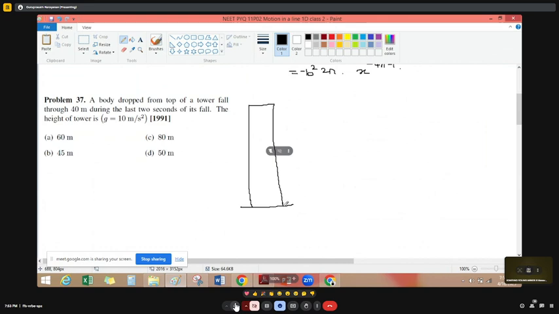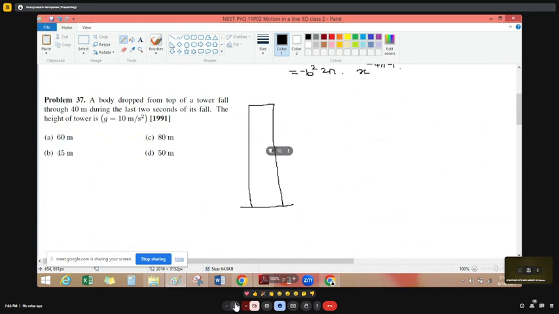It's not the tower height, it is the last 2 seconds mattum. So they're asking to find the height of the tower. They have given some information here, and I know g, acceleration due to gravity, is minus 10, right?